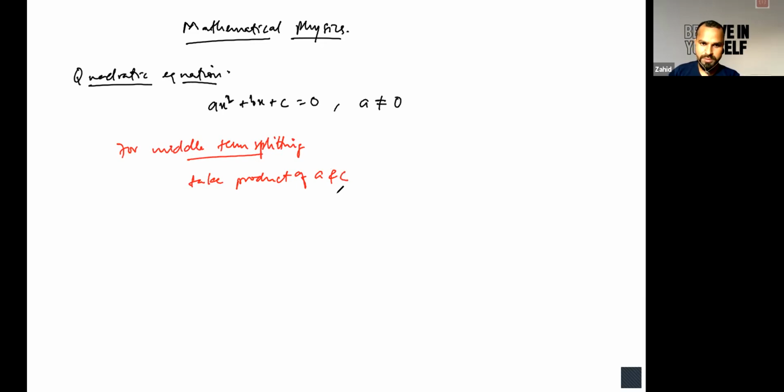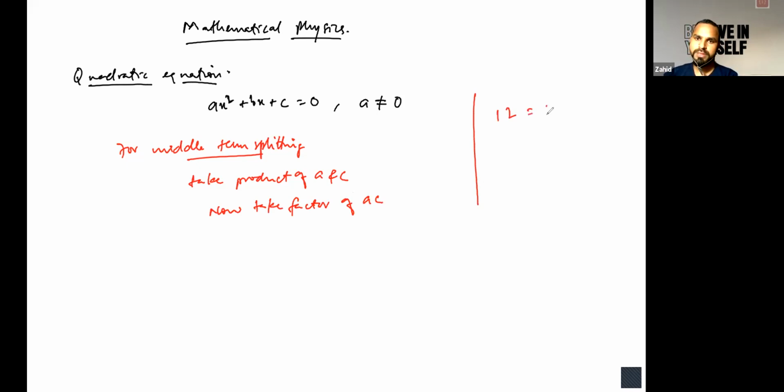Now, factorize this particular AC and arrange the factors on the basis of the sign of this constant term. Let's say if you have A into C equal to 12.